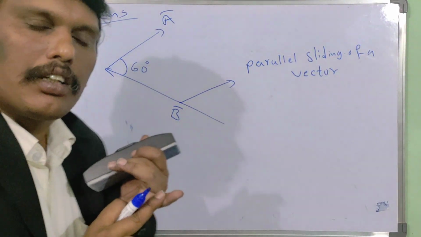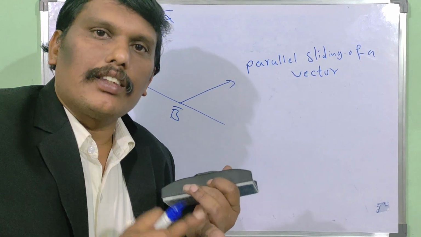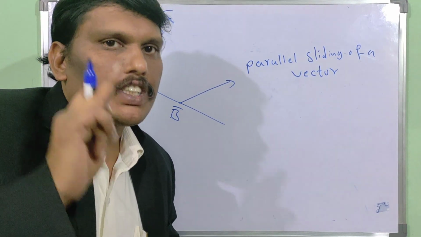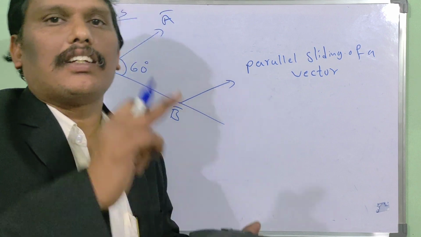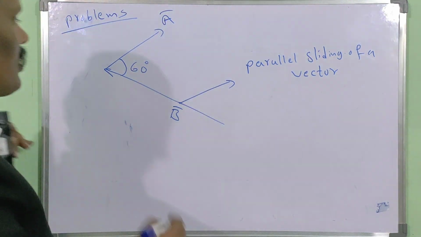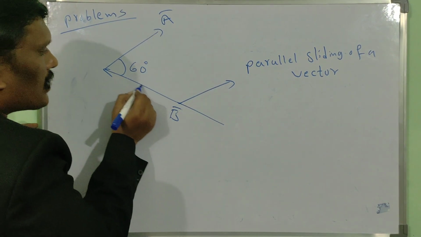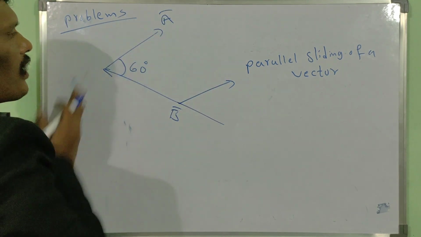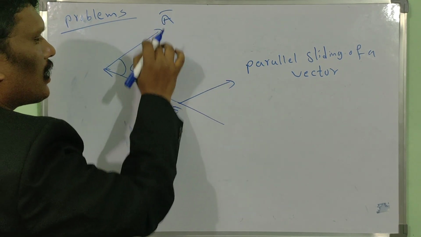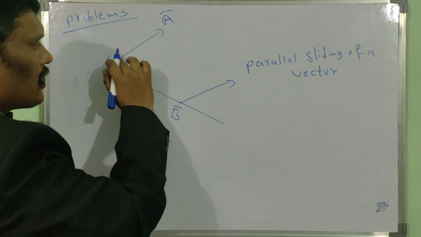Without changing magnitude, that means the length of the arrow, and without changing direction, that means without changing the angle. Here what is the angle? 60 degrees. So this vector makes 60 degrees with this line. Parallel sliding means the same vector A bar, without changing its length and without changing its angle. Here it is 60 degrees.